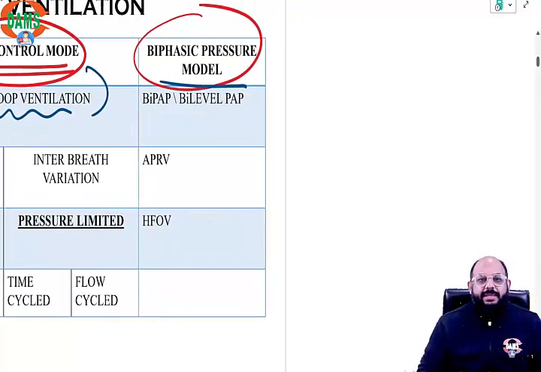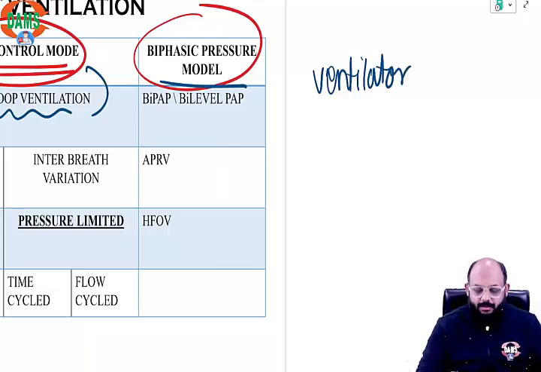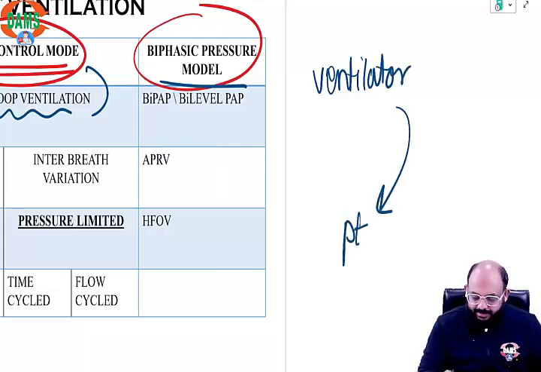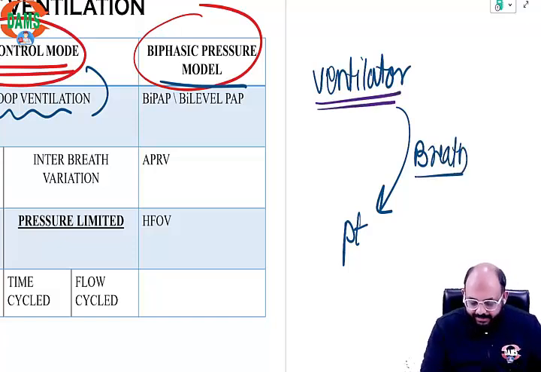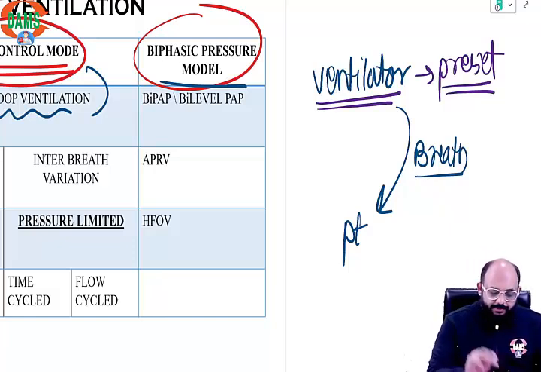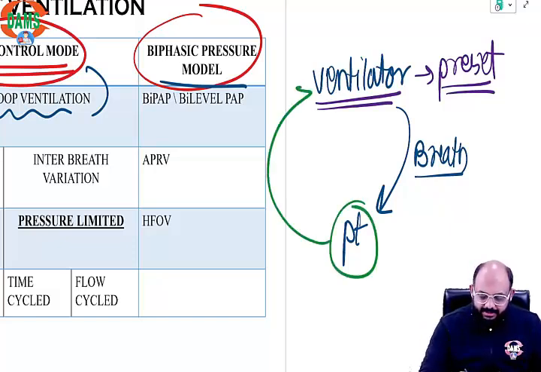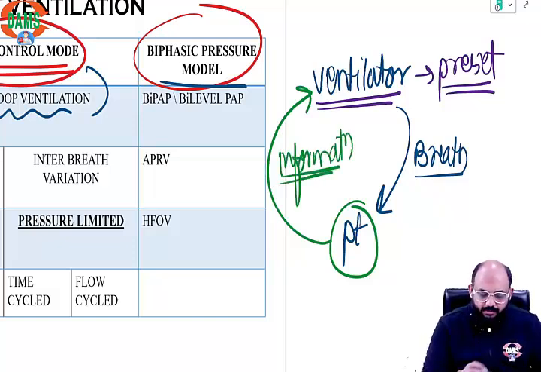Normally, this is what happens: you preset some values that you want to give to the patient, and the ventilator delivers this breath to the patient. Closed loop means the patient will then send some information to the ventilator, based on which the breath will change its characteristics.